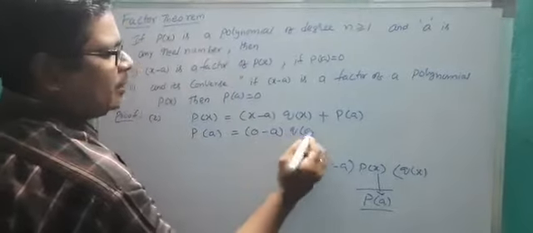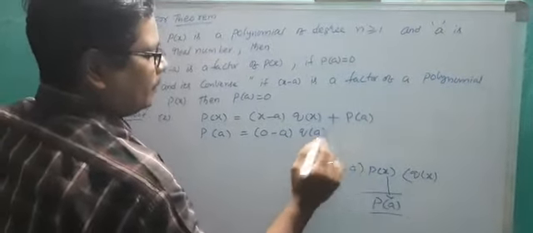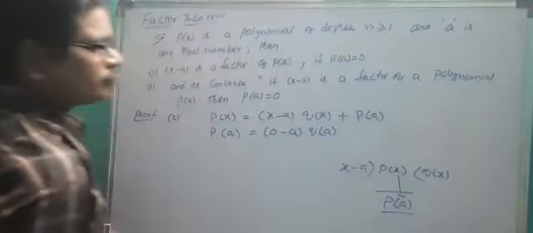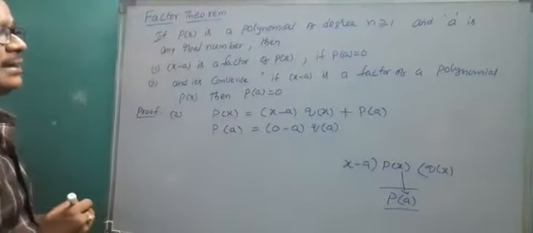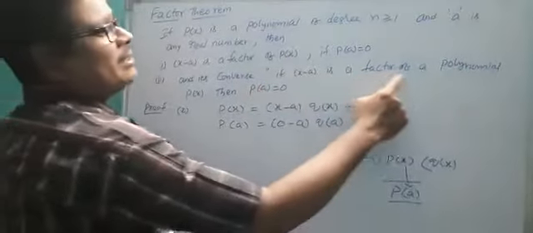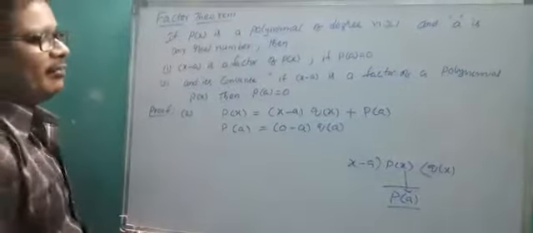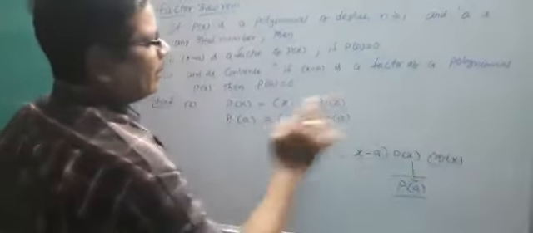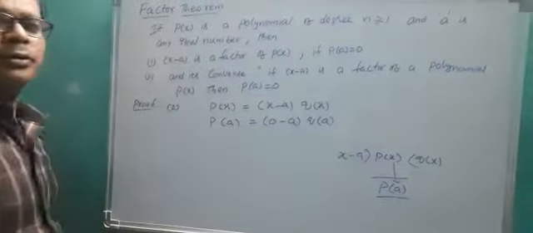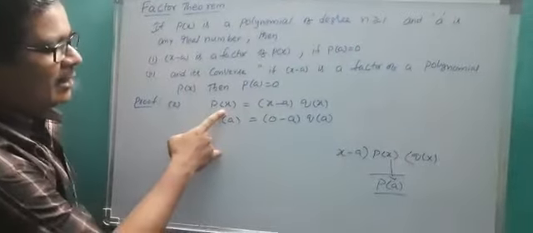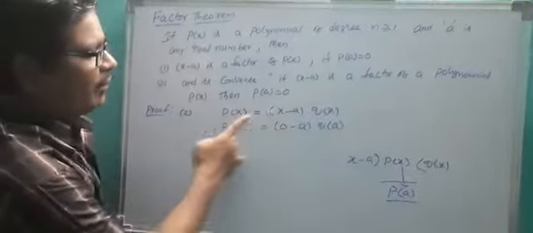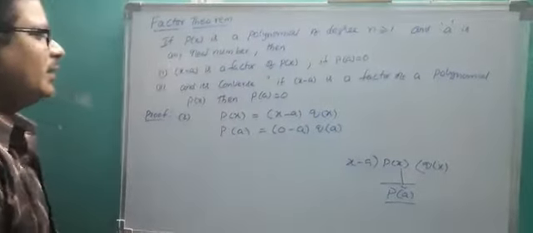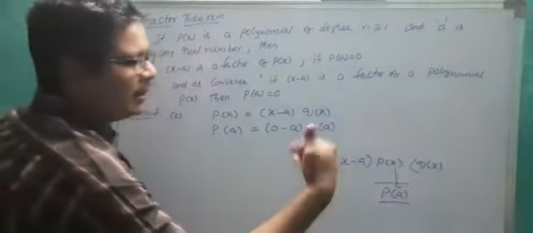Already given that x minus a is a factor of the polynomial p of x, that means p of x can be expressed as x minus a into q of x. So x minus a is a factor of p of x and q of x is also a factor of p of x.